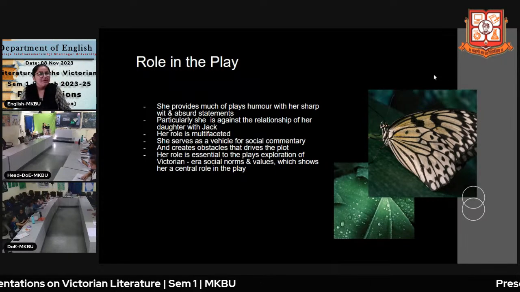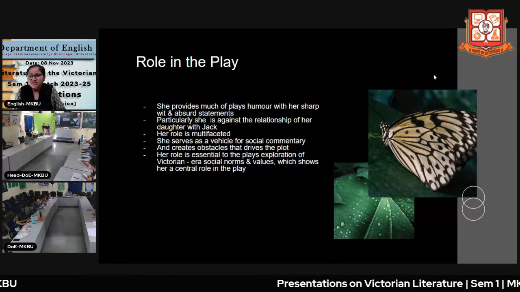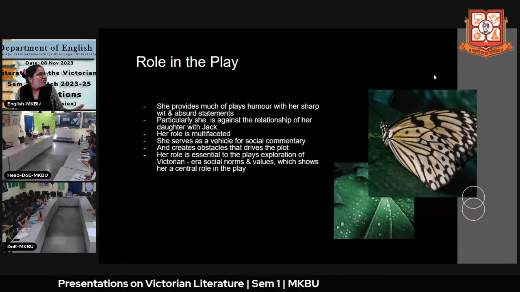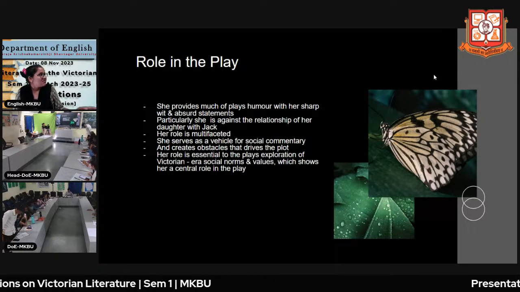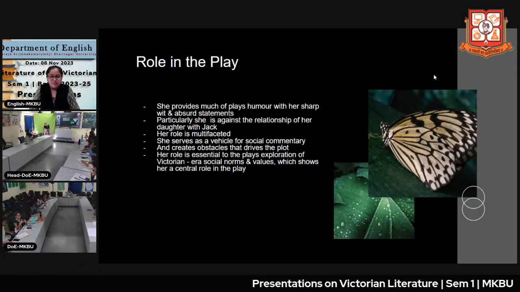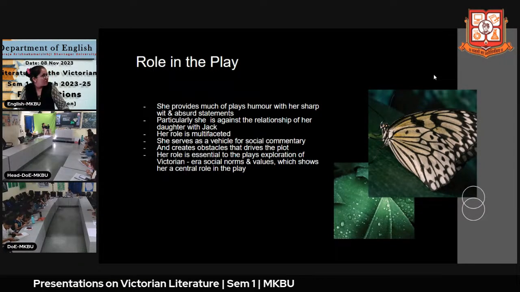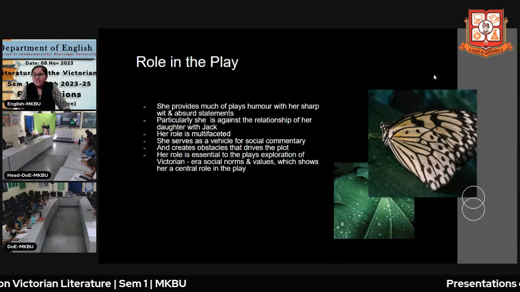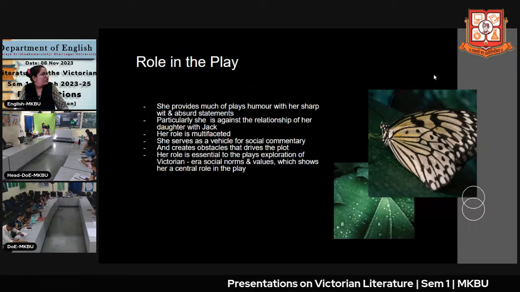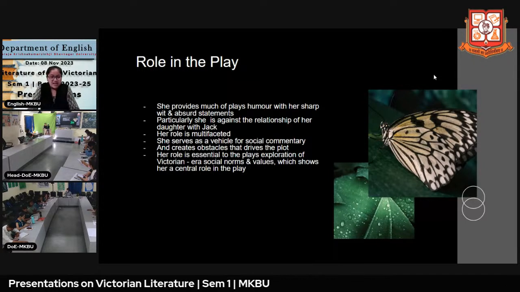Her role is multifaceted. She is strict, she is snobbish, and she is concerned with social status. Then she serves as a vehicle for social commentary and creates obstacles that drive the plot, where she is against her daughter Gwendolyn marrying Jack.